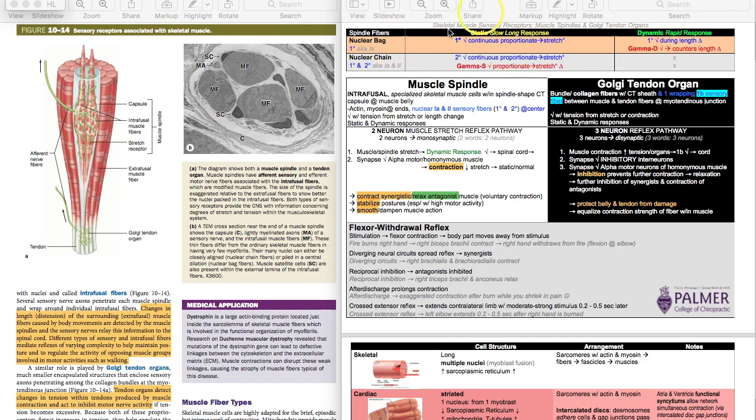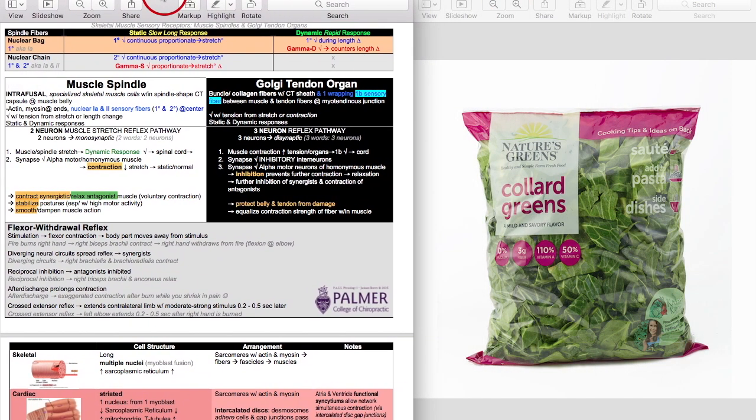So I like to think of not only 1 in the bag, 2 in the chain, for how many sensory fibers are going to be in each arrangement, but I think of this: greens in a bag. You can imagine any type of greens you want going in any kind of baggie you want, whatever sticks in your memory.